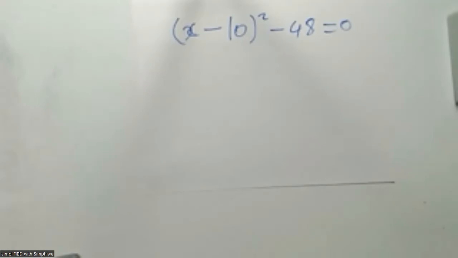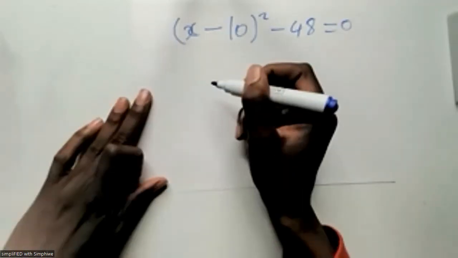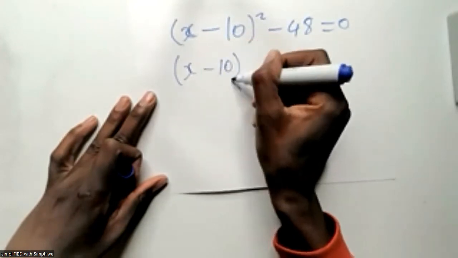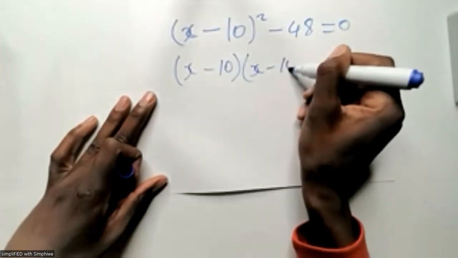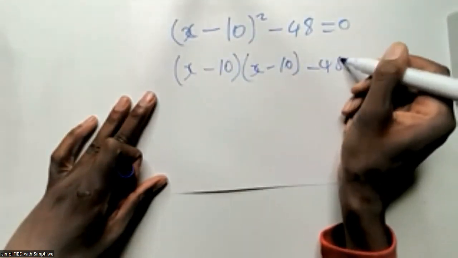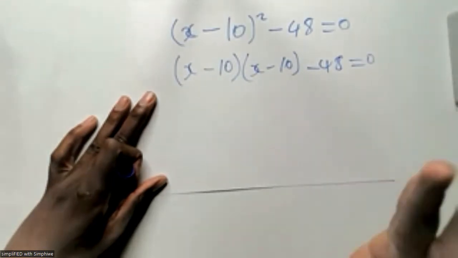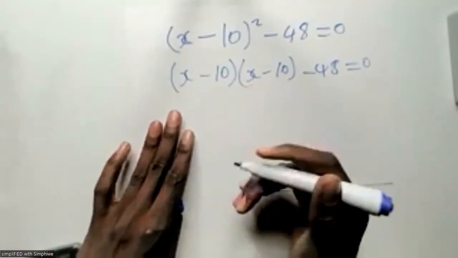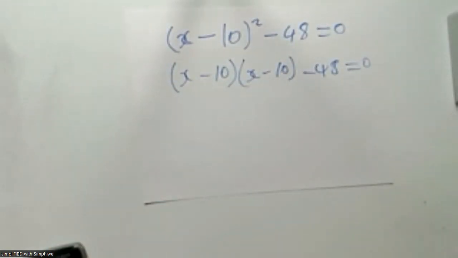The question is solve for x, and again we're going to use our quadratic formula. So let's go straight to it. This is the same as x minus 10 squared minus 48 equals 0, similar to the previous question.